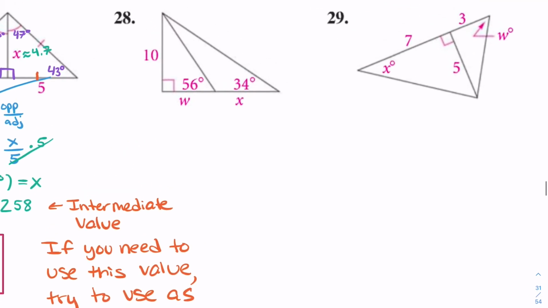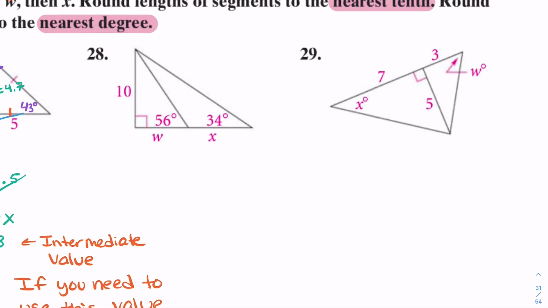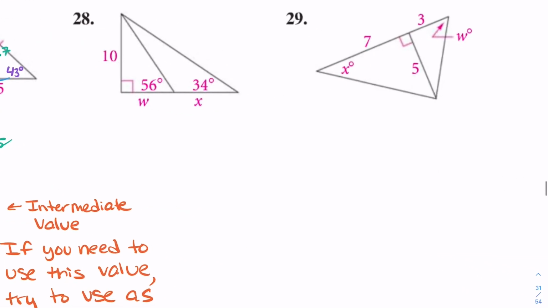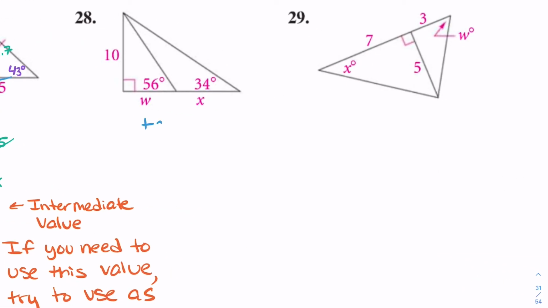All right, this next one, we will do W first. So I'm going to do tangent of 56 is equal to the opposite, 10, over the adjacent, W. Multiply both sides by W. So W tangent of 56 equals 10.